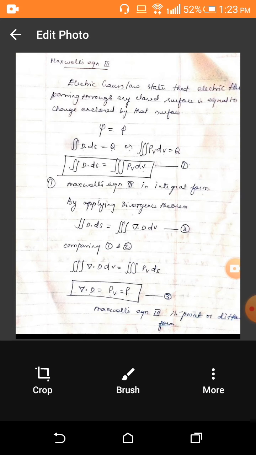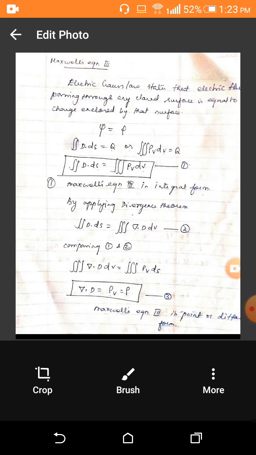That is, double integral D dot dS is equal to Q, or volume integral of ρv dv is equal to Q. Combining these two expressions, you get surface integral of D dot dS is equal to volume integral of ρv dv. This is Maxwell's third equation in integral form.